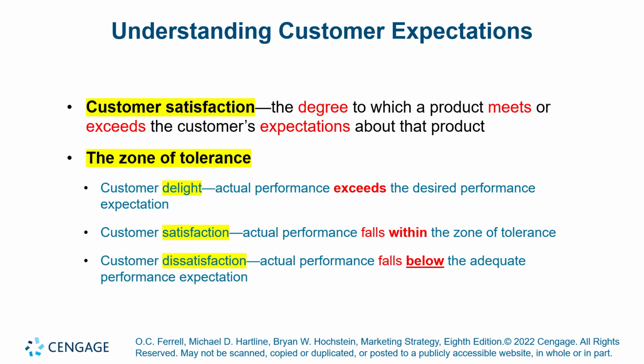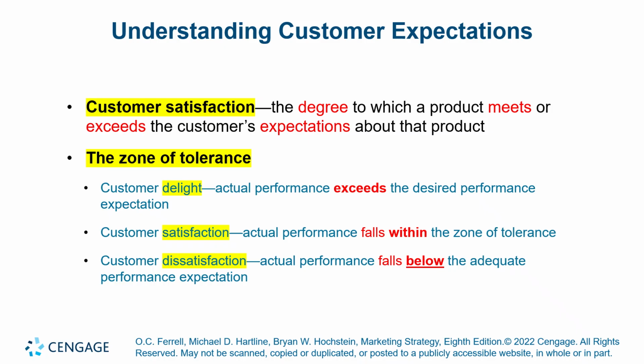Customers have a zone of tolerance: things they can put up with or cannot put up with, their level of tolerance. Customers can be delighted. Customer delight: if the actual performance exceeds the desired performance expectation, they are delighted, very happy.